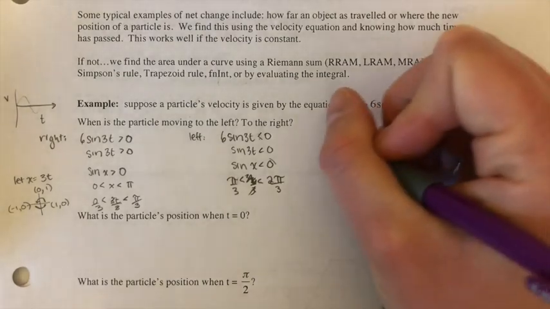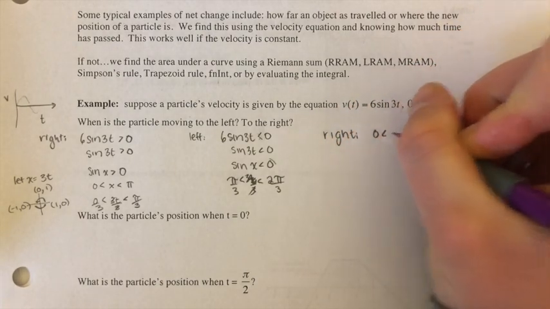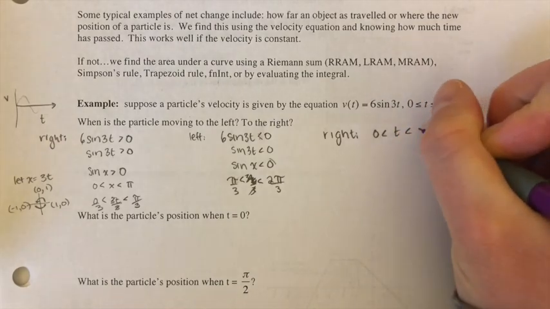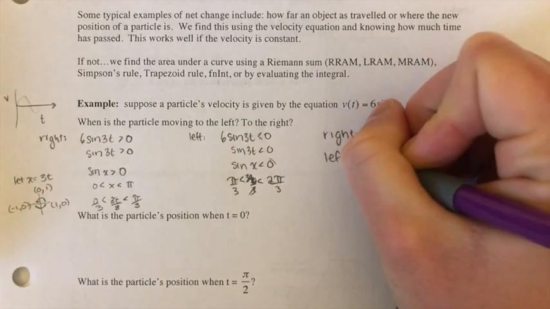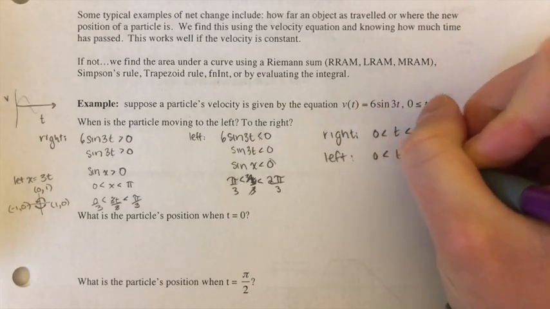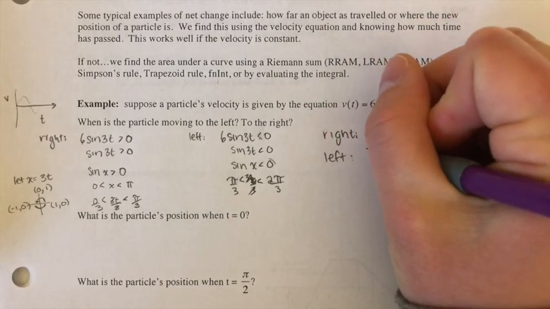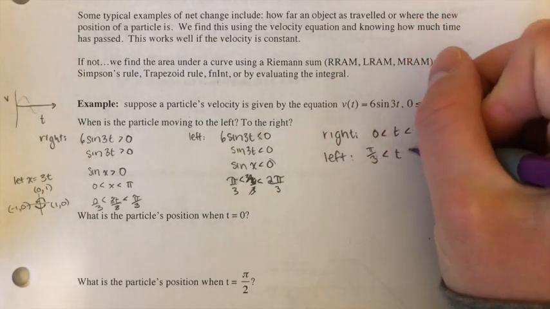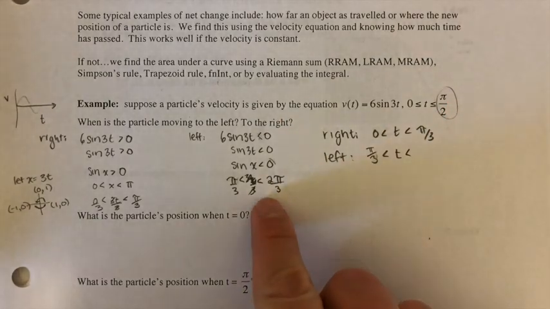Okay, so it's going to the right between 0 and pi over 3. It's going to the left after pi over 3, when it turns around. And then because we only care about till pi over 2, we don't actually care about till 2 pi over 3.